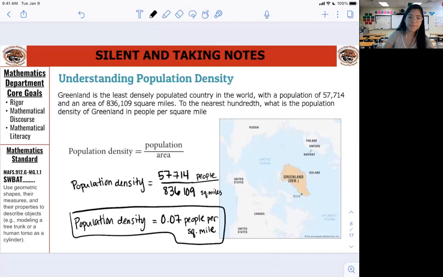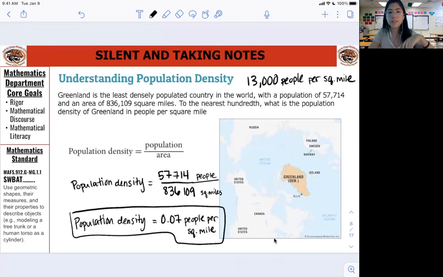The population density of Miami is 13,000 people per square mile. Technically, Perla was the closest. That's the population density of Miami. Think about it. A square mile is pretty big.